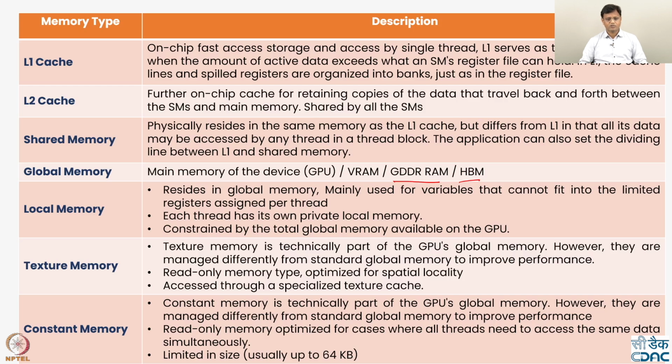In that scenario, constant memory is very useful. The size is limited, up to 64 kilobytes. Similarly, in shared memory, 48 kilobytes of space can be allocated in L1 cache, but in different architectures there may be some variations in constant memory as well as shared memory size. So, it is always recommended to refer to the data sheets.